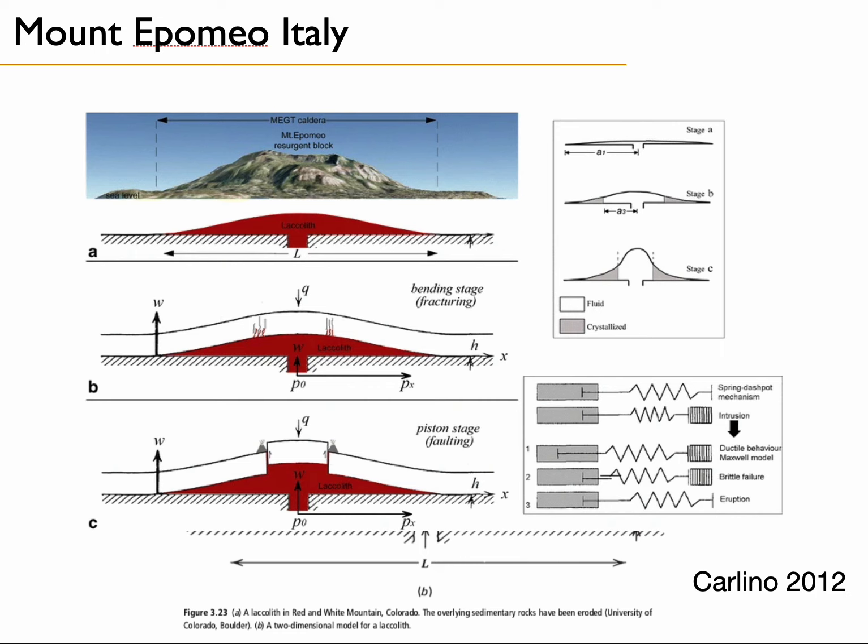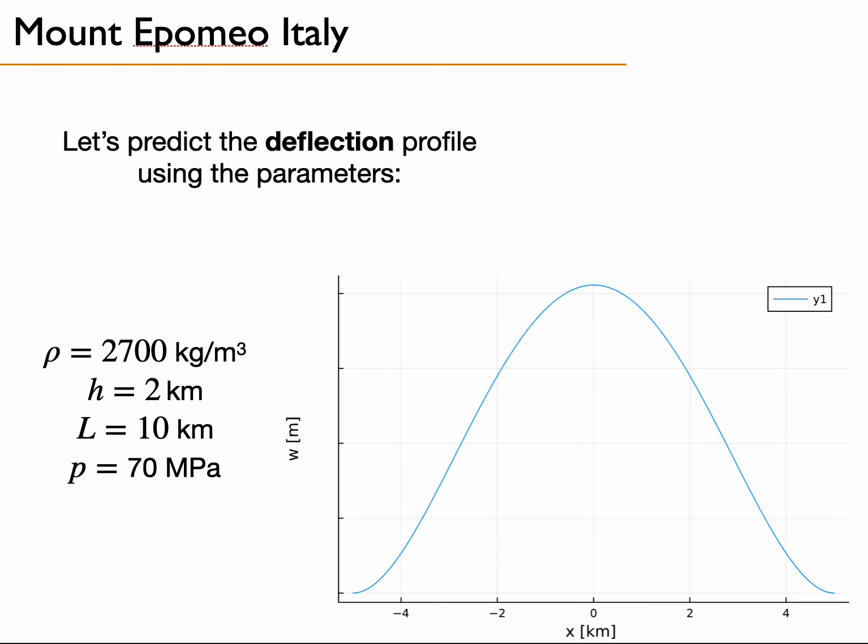So now what you're going to do for the exercise is to apply the equations we derived today to the study of this case. In one part of the exercise, you will have to predict the deflection profile, and you will use the following parameters that will be also defined in the notebook which I provide to you.